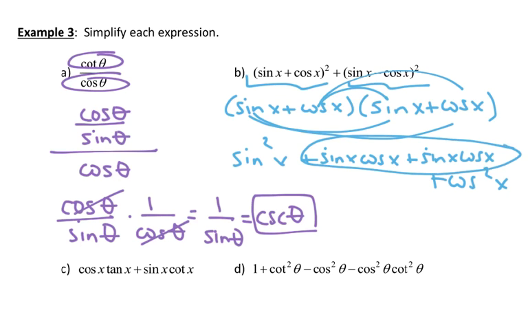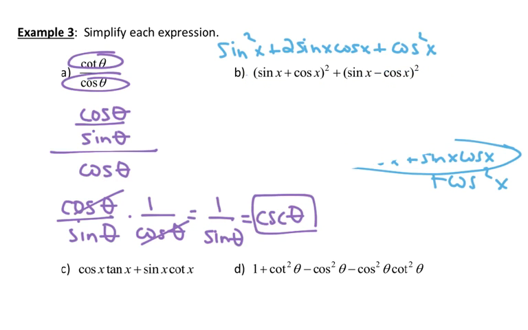The two terms in the middle are like terms, so when you add them, you get 2 sine x cosine x. All right, so I get sine squared x plus 2 sine x cosine x plus cosine squared x.